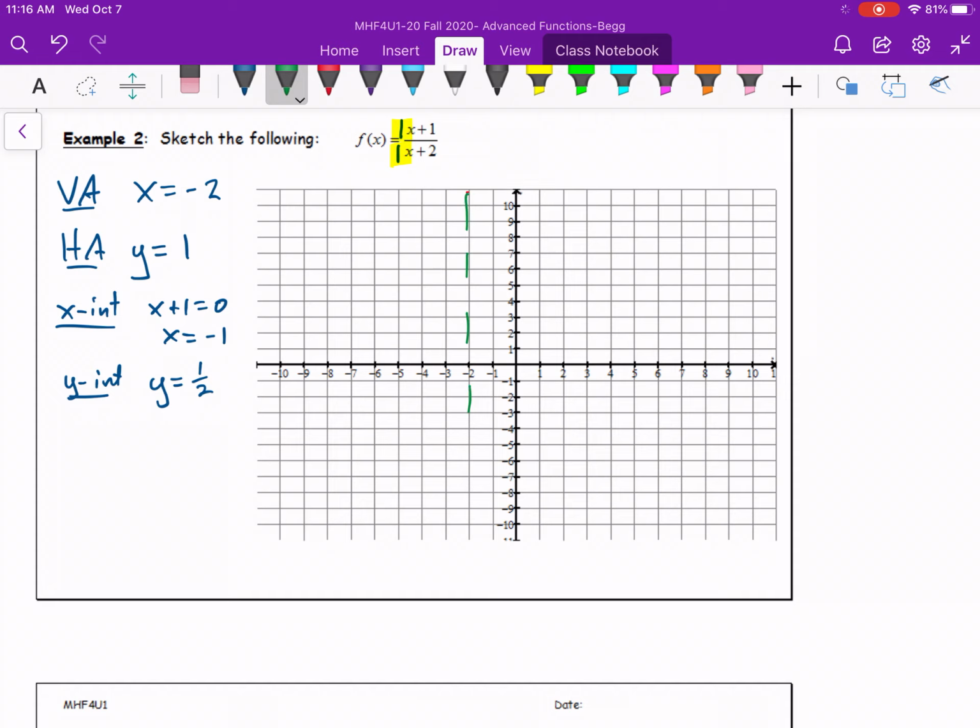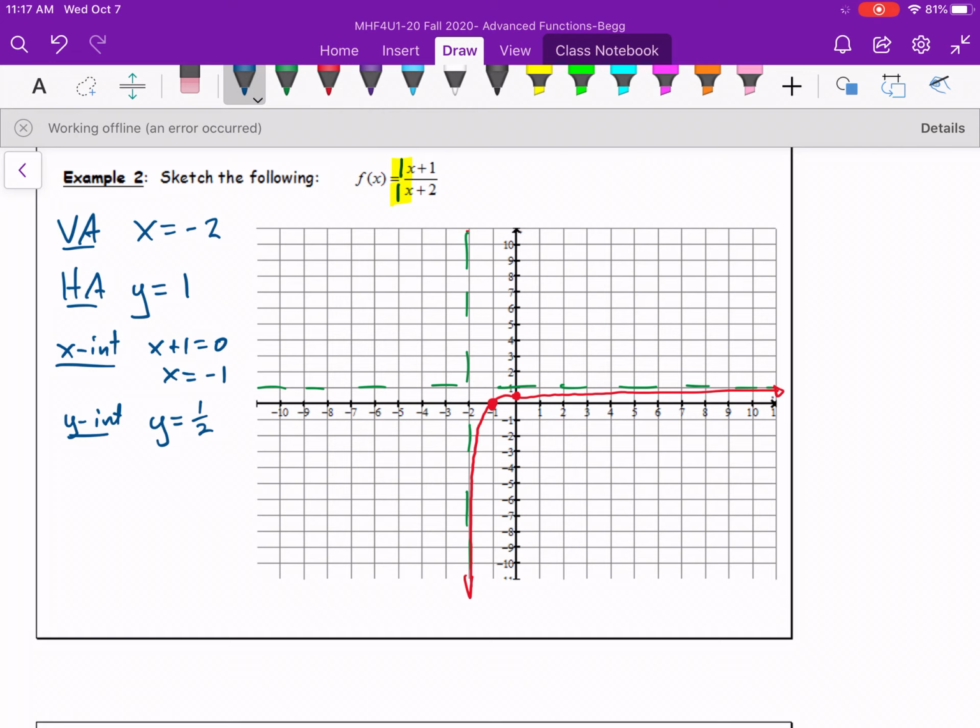Asymptotes first. Remember, horizontal one's at y equals 1. We've got x-intercept at -1. We've got y-intercept at positive 1/2. So with these 2 points, it seems to me pretty clear that the graph is going to look like this. And I think I can predict that the other part of the graph is going to be up in the top left.